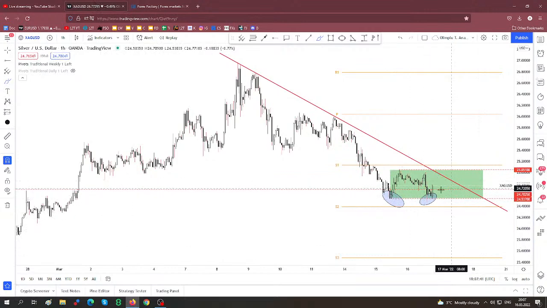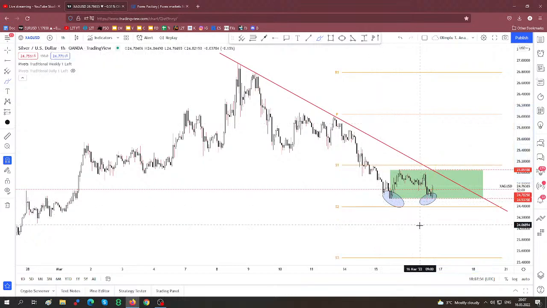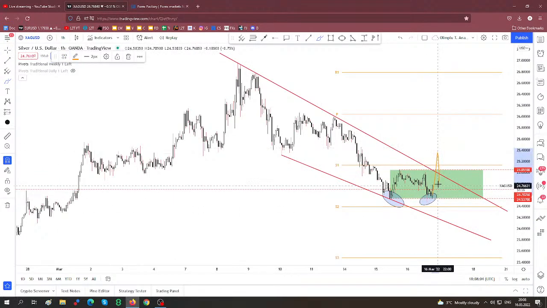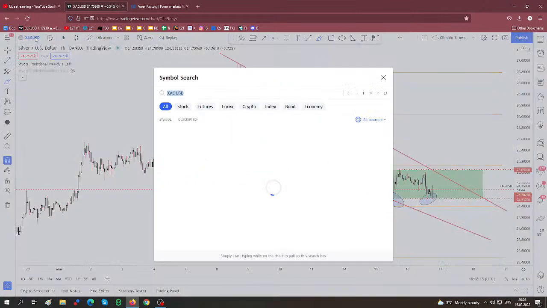Or if the price makes a valid breakout from this range, an upside breakout could confirm a potential double bottom, a reversal pattern here. We still need confirmation. I'll wait, because the price could make a false breakout and then drop. That's why we need to be careful right now. It could also drop and then jump higher. So I'll wait.